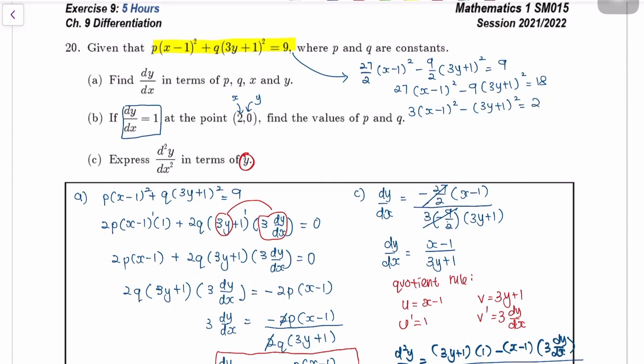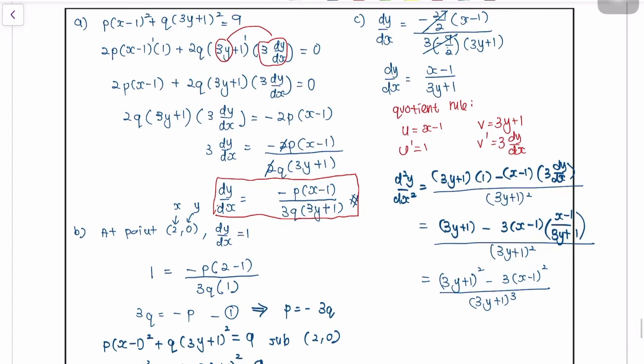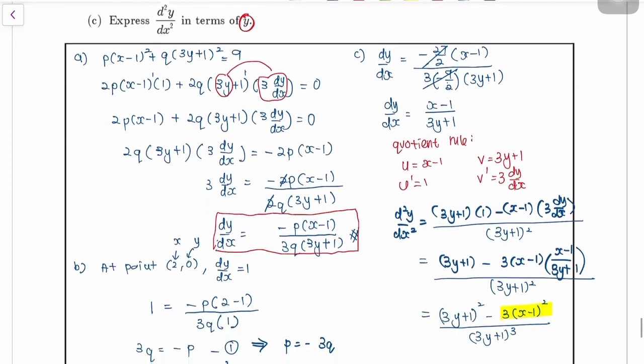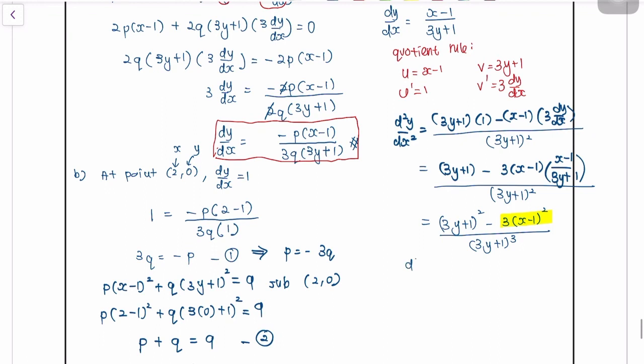Okay, so daripada sini kalau perasan 3(x minus 1) square, dan dalam d2y over dx square pun kita ada 3(x minus 1) square. So tak payah nak susah-susah jadikan x sebagai subjek, terus je ambil 3(x minus 1) square sebagai subjek. So 3(x minus 1) square equals to 2 plus (3y plus 1) square. Okay, so gantikan dalam d2y over dx square kita.